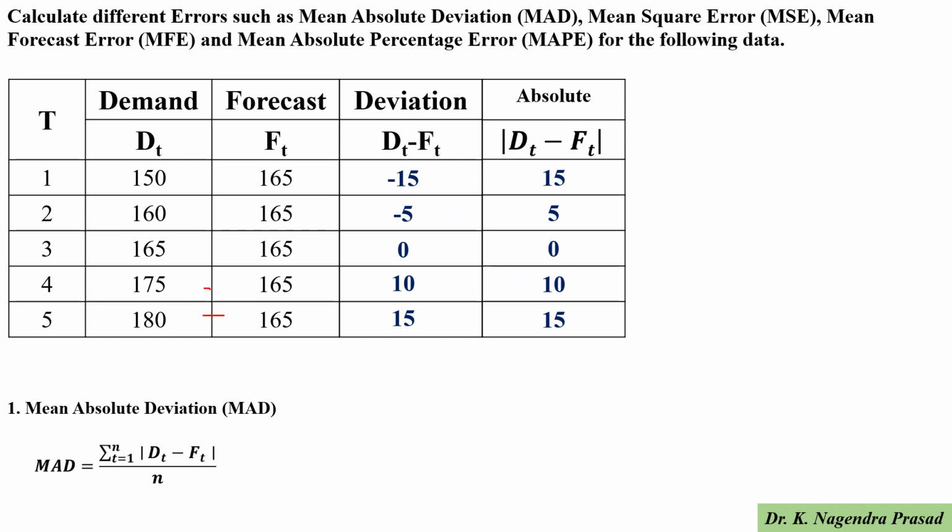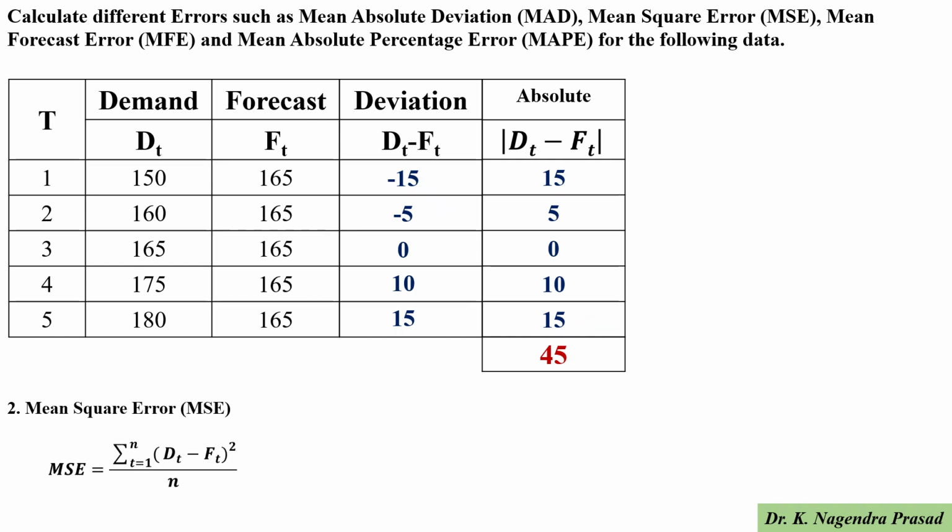So absolute dt minus ft for the first time period is 15, next 5, next 0, next 10, and next 15. Then the summation of this absolute dt minus ft is 15 plus 5 is 20, plus 0 is 20, plus 10 is 30, plus 15 is 45. So the MAD value is 45 divided by small n equal to 5, which is equal to 9.